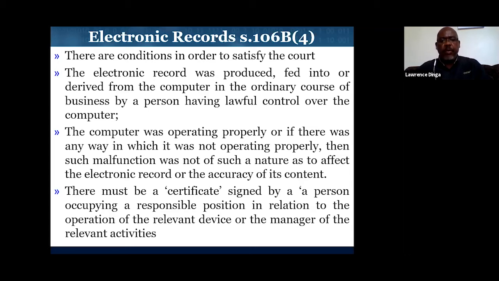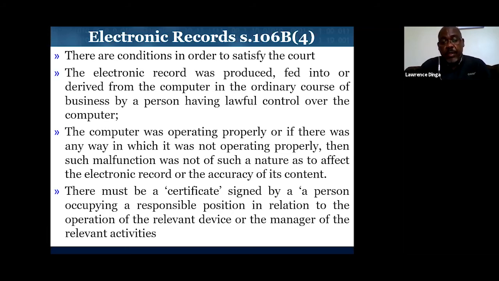And the computer was operating properly, or if it was not operating properly, then such malfunction was not of such nature as to affect the electronic record or the accuracy of the content. So your certificate must be able to identify all this.